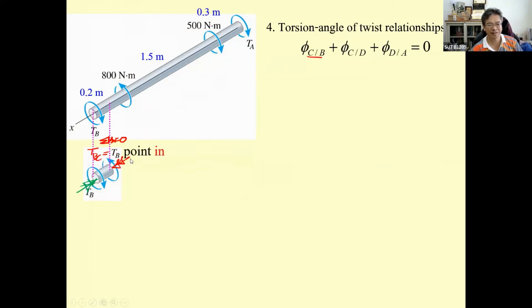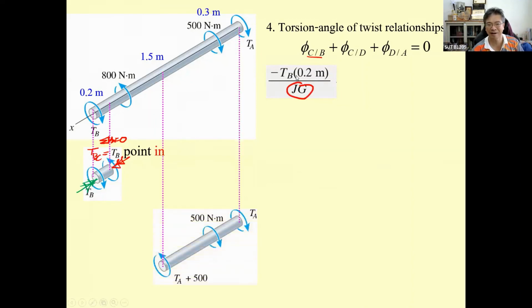And then this is pointing, this is going to be negative. Okay, T sub B times L over GJ. Put it into the symbol because all of the shafts have the same section and are built by the same material.